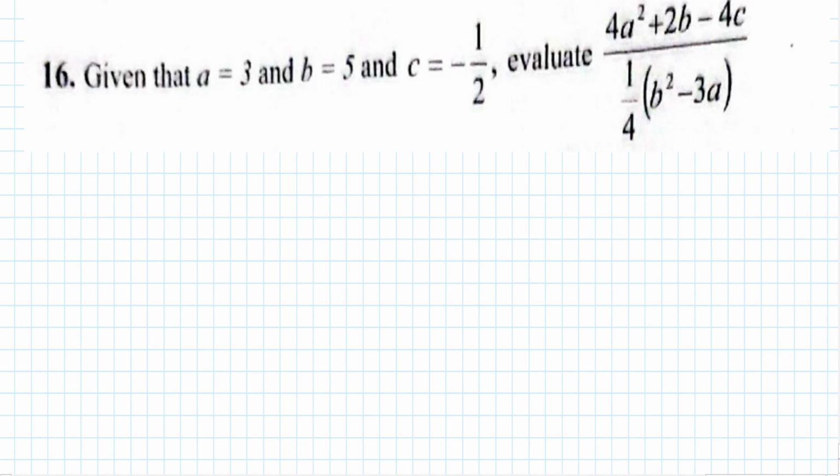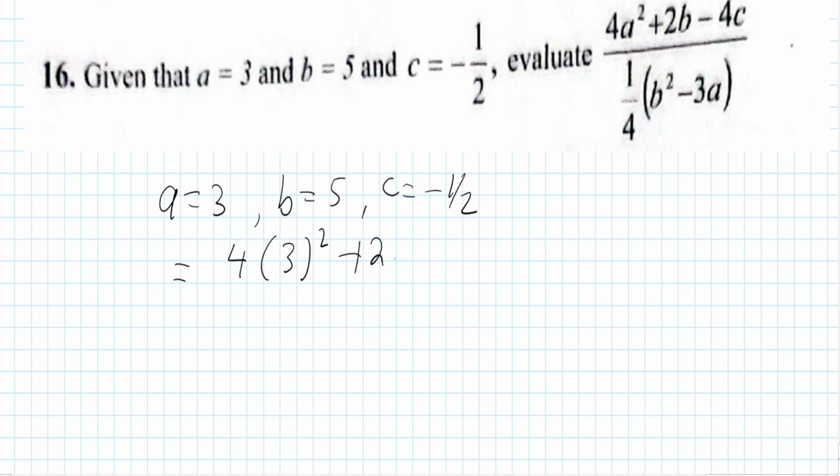Given that A is equal to 3, B is equal to 5, and C is equal to negative a half, evaluate 4A squared plus 2B minus 4C, over a quarter into bracket B squared minus 3A. Very simple. I'm just replacing the letters with the actual values. So you're going to do 4 times 3 squared, plus 2 times 5, minus 4 times negative a half.